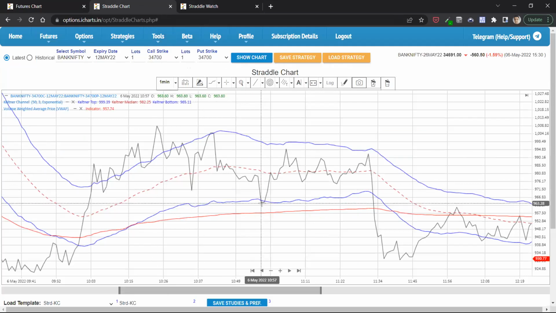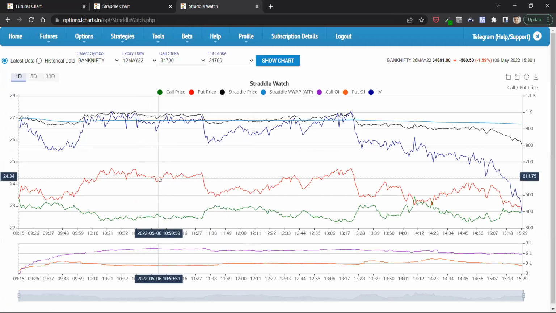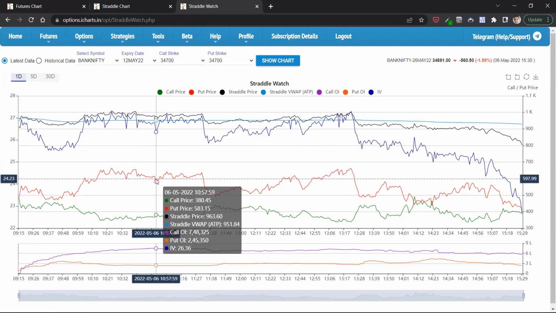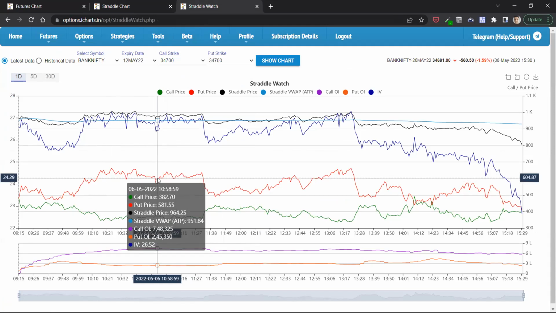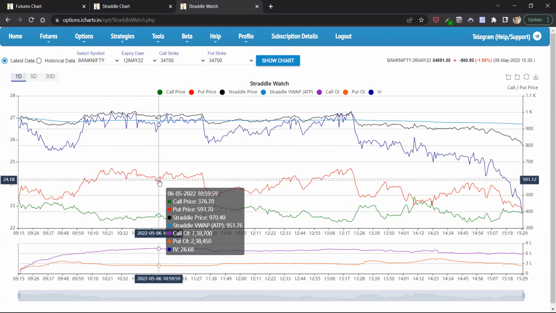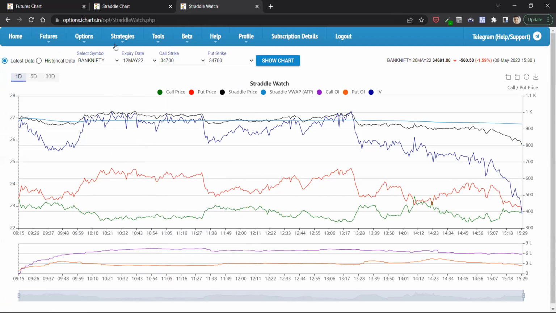This straddle falls below at 10.57. At 10.57, you should be out over here. By this time, you should be out of the trade. So whatever your loss is, you just take it and exit, because you can't stay in the trade for too long. As an option buyer, you don't have the luxury of that.